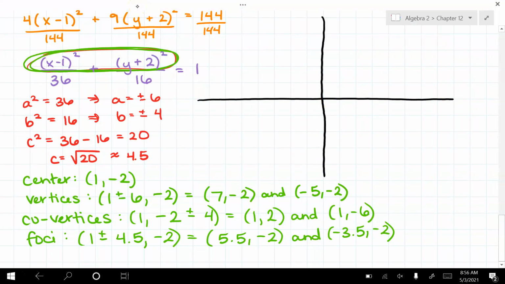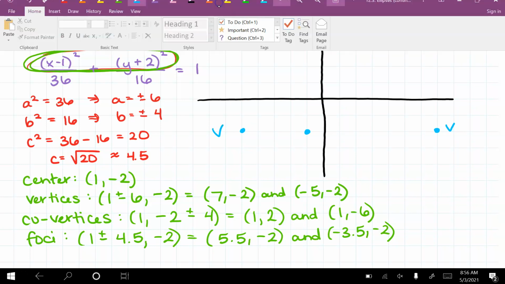All right, so my center is at 1, negative 2. So there's the center of my ellipse. Vertices, we have 7, negative 2, and negative 5, negative 2. Oh, I graphed my center wrong.